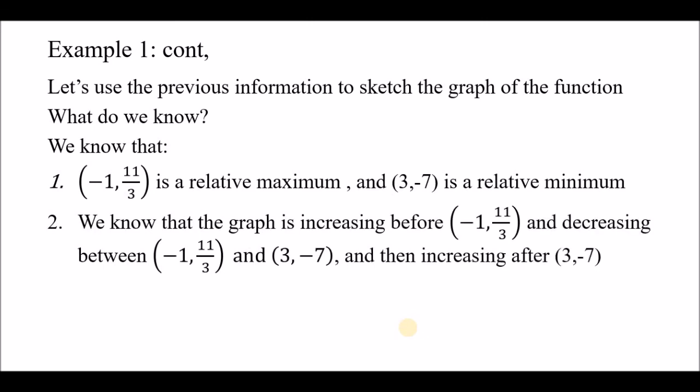We know that the graph increases before -1 and 11/3 and decreases between -1 and 11/3 and 3 and -7, and increases after 3 and -7. In other words, it is increasing on the first interval from -infinity to -1. It is decreasing from -1 to 3. It is increasing from 3 to positive infinity.